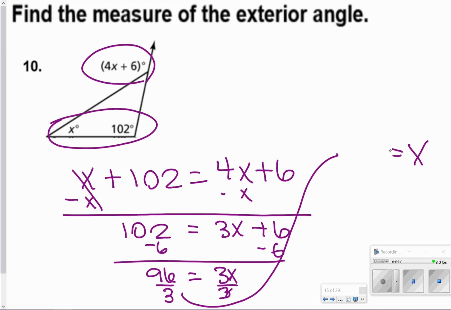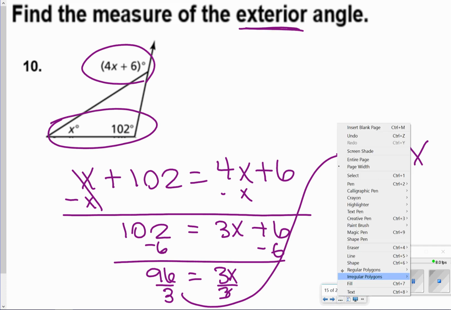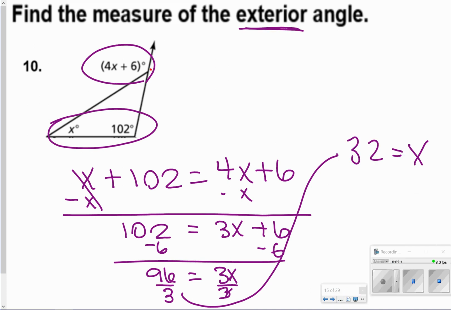That's not where I'm going to stop though, because it says find the measure of the exterior angle. So what I'm going to do is take 32 and plug it back into the exterior angle. So 4 parentheses 32, because it says 4 times x, and then plus 6. Okay, 4 times 32 is going to give me 128.